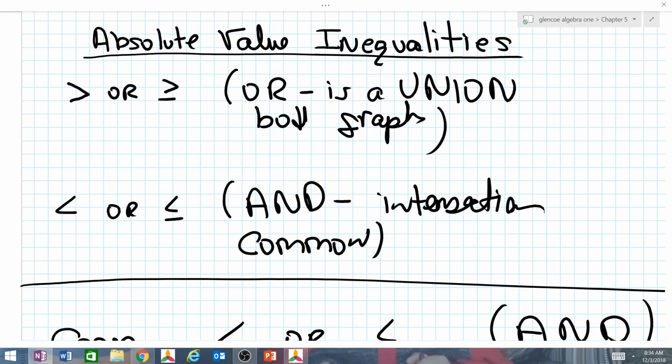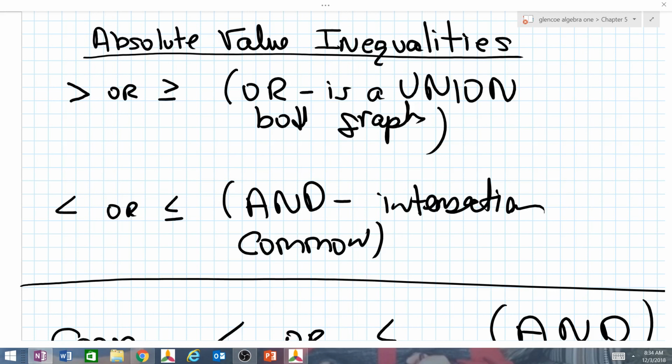An OR means when we graph it, it is a union, or everything from graph 1 and everything from graph 2 will be our solution. When the inequality is less than or less than or equal to, we treat that as an AND, which is an intersection, or what they have in common.